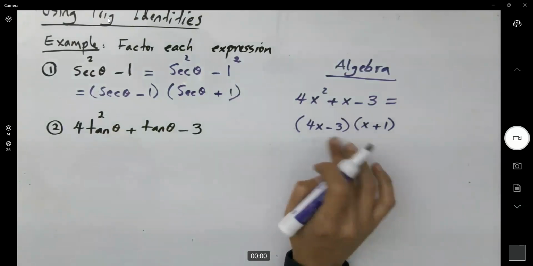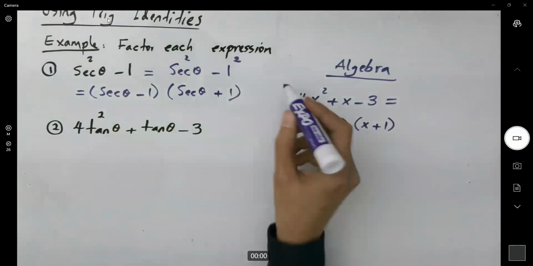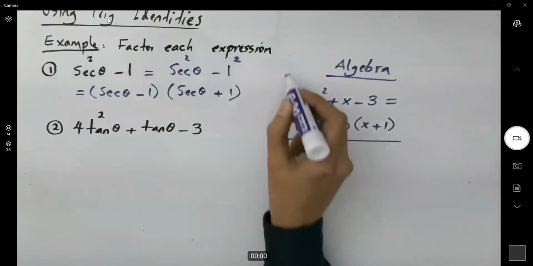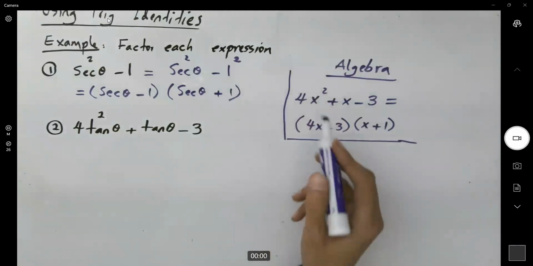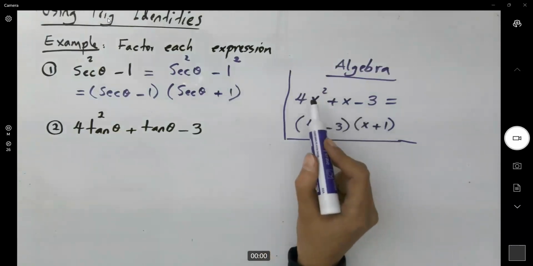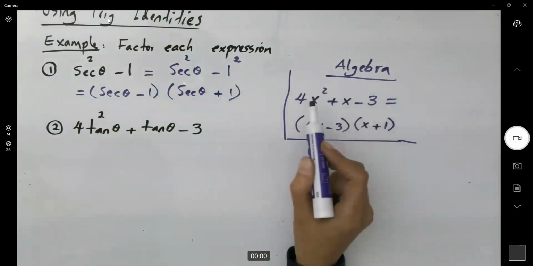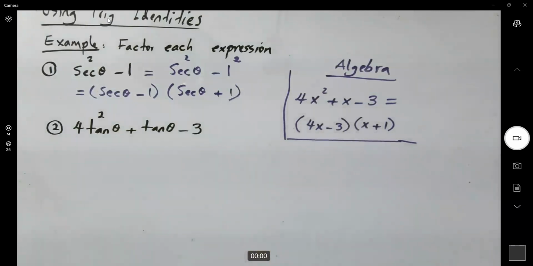How do I get this factor? Okay. One method in going back to algebra was to write this expression in 3 terms into 4 terms and use factoring by grouping the terms.